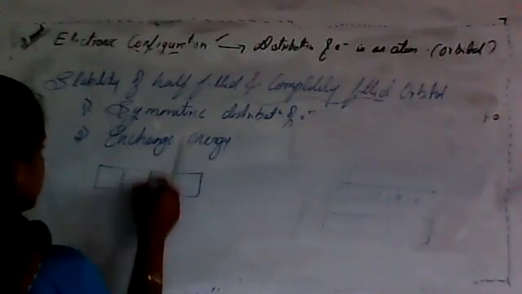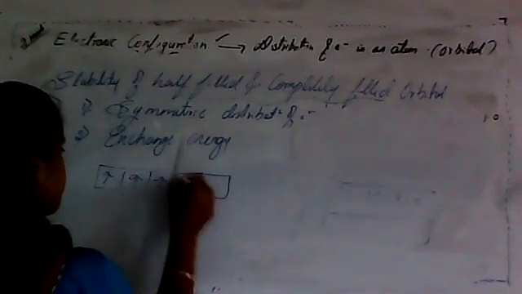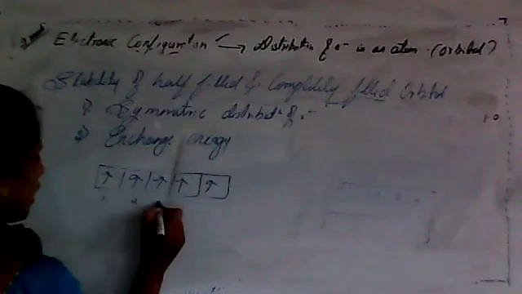Now I'll consider d orbital with single filling. Clear? In this case, what happens? Now I'll consider the first, second, third, fourth, and fifth electron. Here, an electron can exchange its position. That means it can jump from 1 to 2 or 1 to 3 or 1 to 4 or 1 to 5.